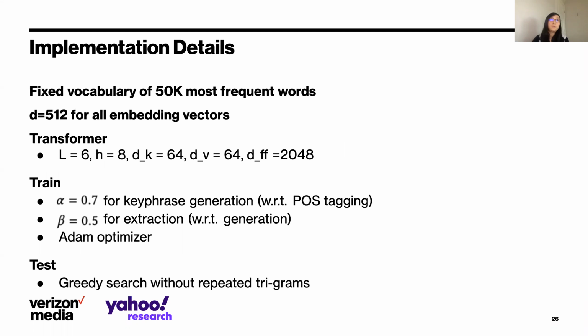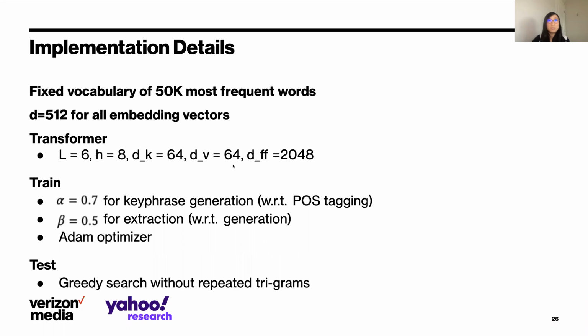Okay, so here are a few implementation details. Basically, we are using a fixed vocabulary of the most frequent words, and all the embeddings we're considering have 512 dimensions. And as a transformer for both the encoder and decoder, we are using 6 layers with 8 heads.